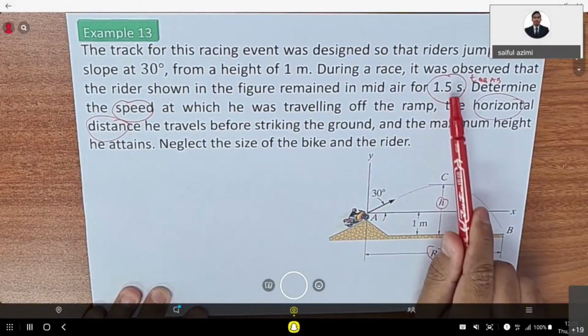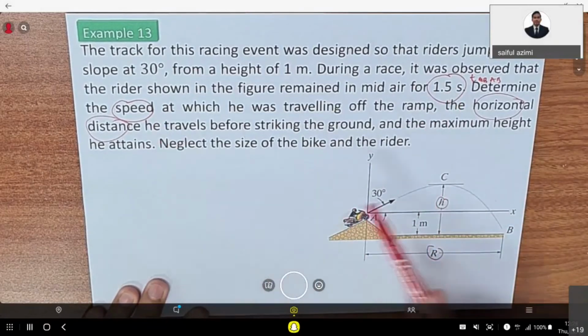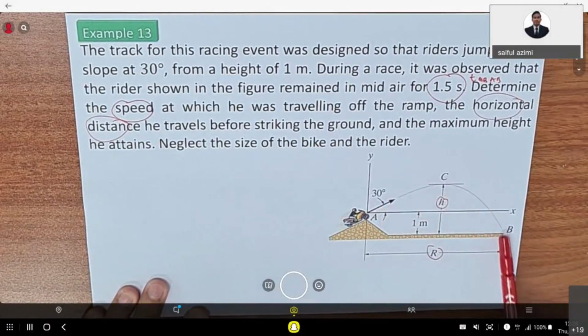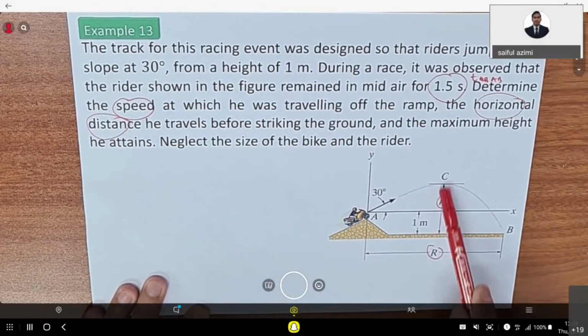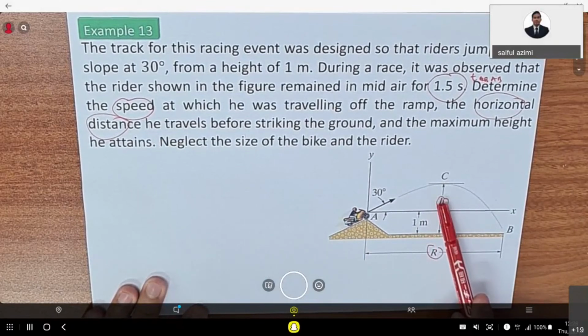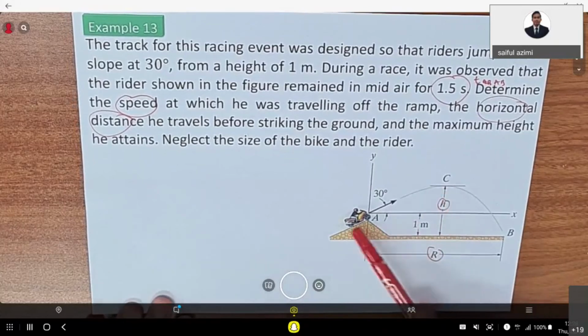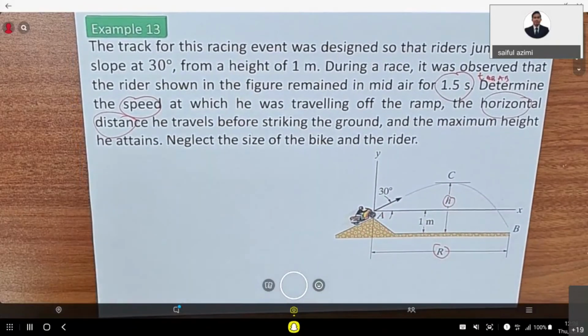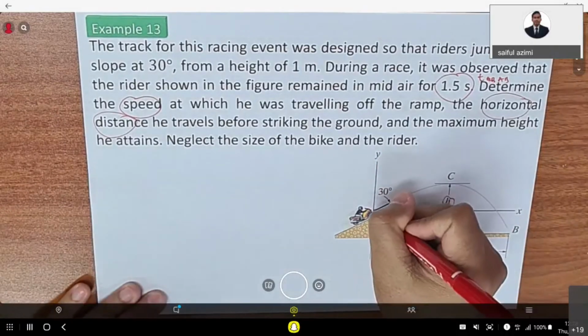They ask you to find the speed at which he was traveling off the ramp, the horizontal distance, what is the horizontal distance here, and also the maximum height, how high he travels when he races. As shown in the figure, we already have the origin here.